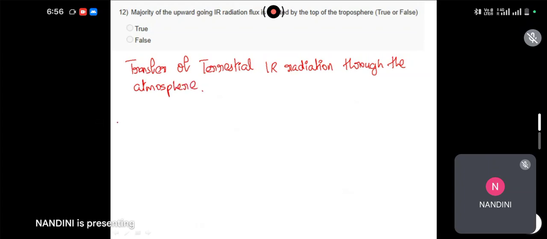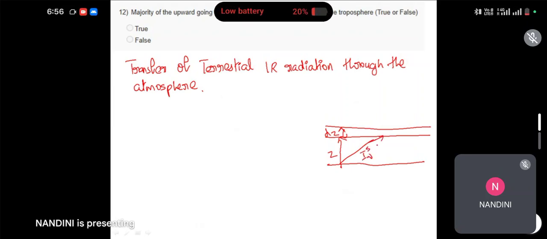So consider the case of an infrared radiation at a given frequency nu that is emitted upwards from the surface of the Earth. So let this be the surface of the Earth. We have a small thickness dz. This is the total height z. So an electromagnetic radiation of intensity I nu s is being emitted from the surface of the Earth. This is what is being emitted from the top of the atmosphere.